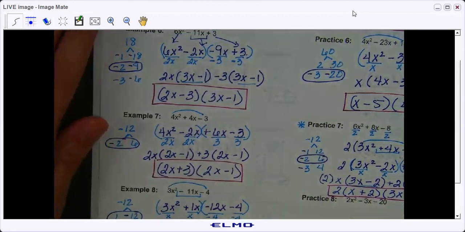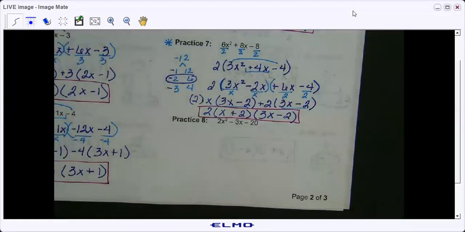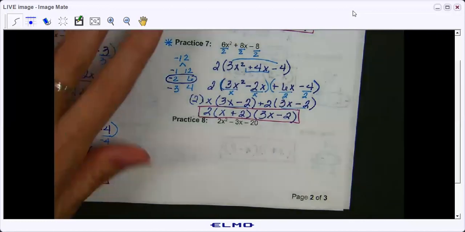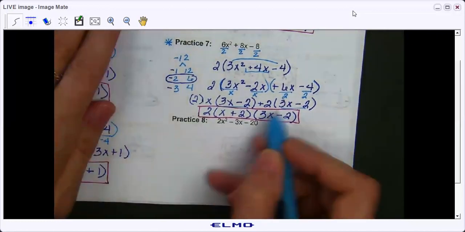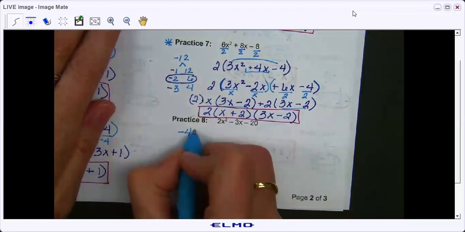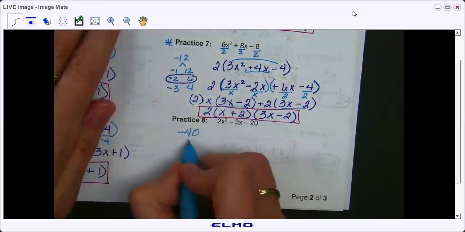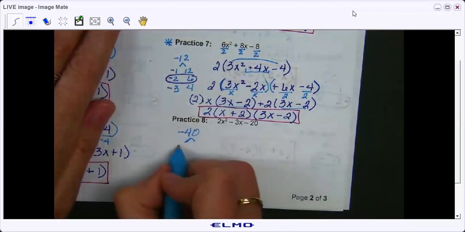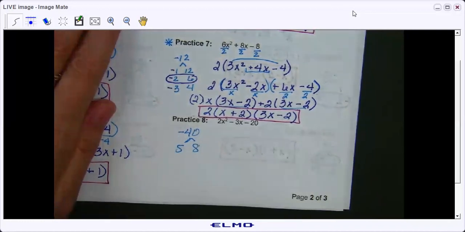Great. Let's do the last one on this page. By the time you finish this page, we should have this down. We're doing so many. All right, so we have factors of 2 times negative 20, that's a negative 40, and they need to add up to a negative 3. So I know 5 and 8 will give us a 3 somehow.